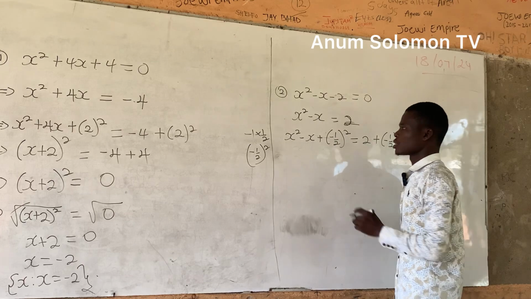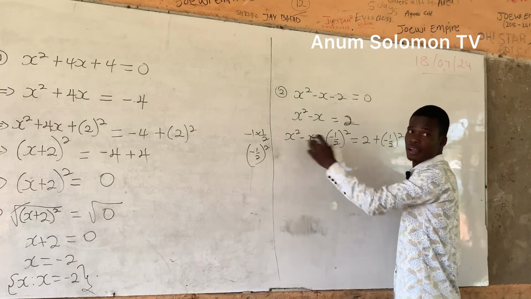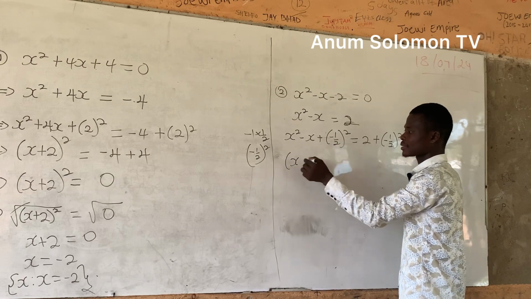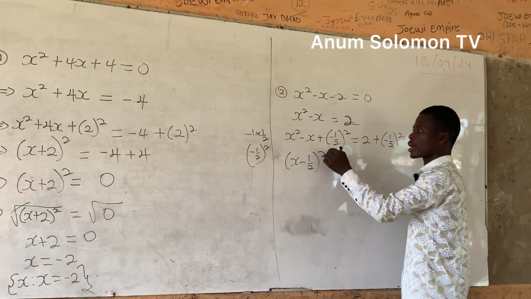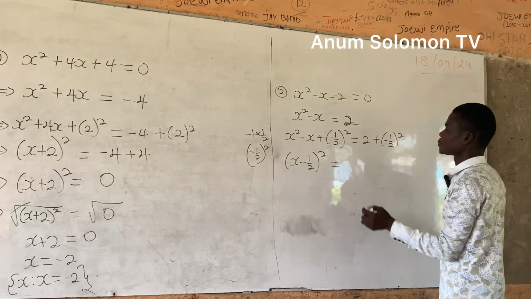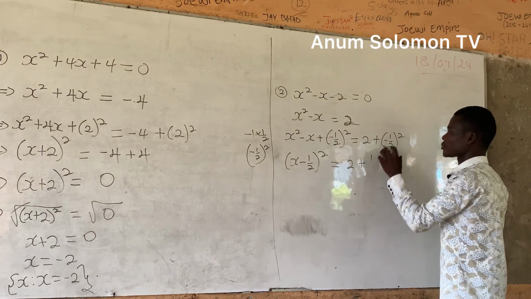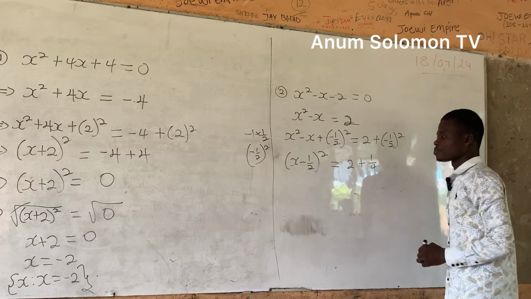On this note, we are forming the perfect square on the left side. We have s minus 1/2 all squared. Don't forget the sign here is negative. This is equal to 2 plus 1 squared is 1 over 2 squared, which is 4.